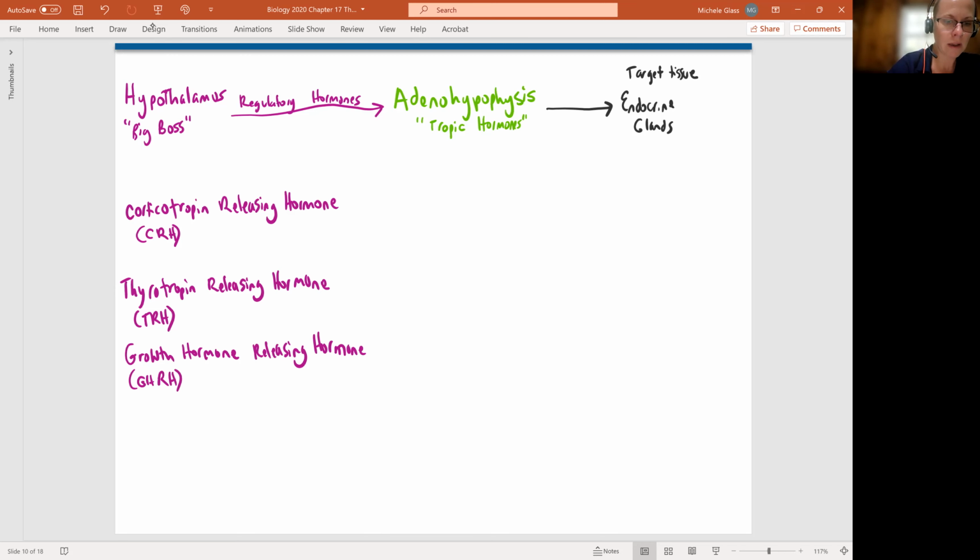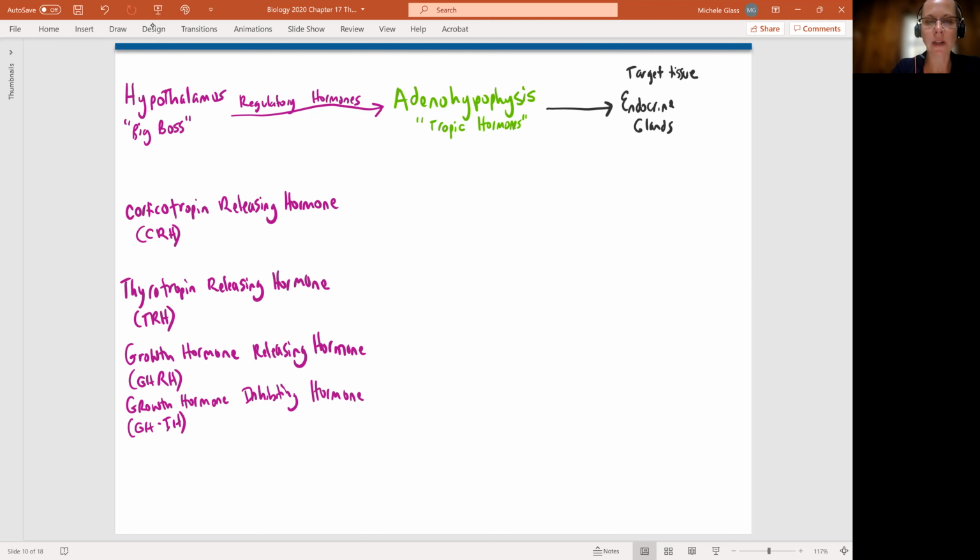And then we have growth hormone inhibiting hormone, which is going to be GHIH. And we need room for 3 more.